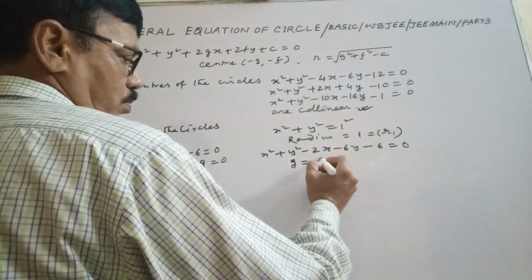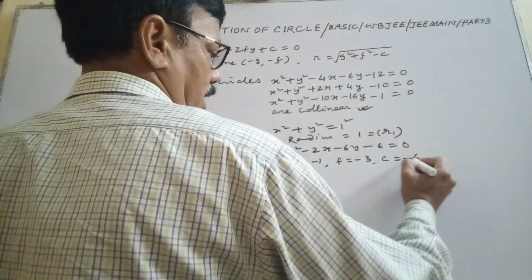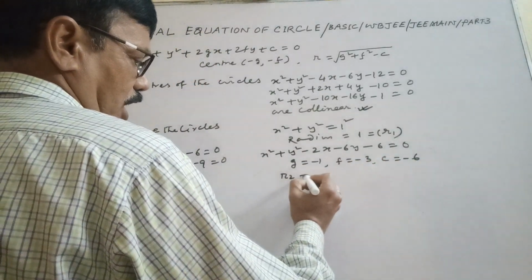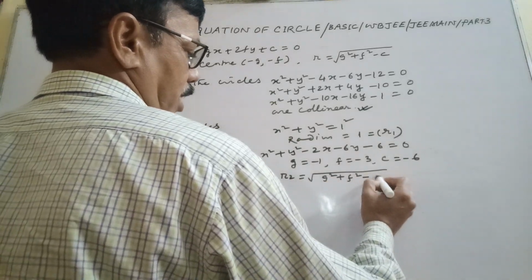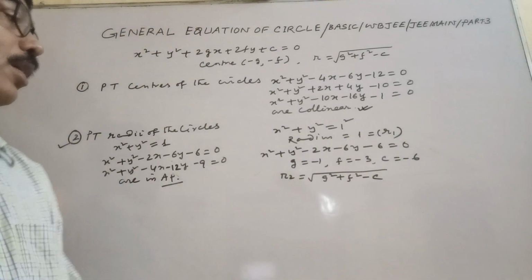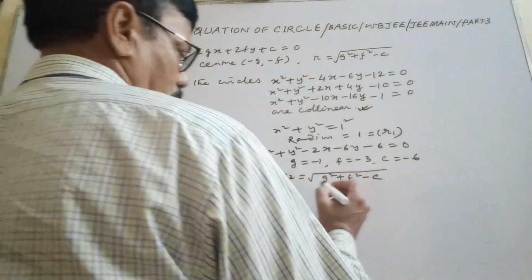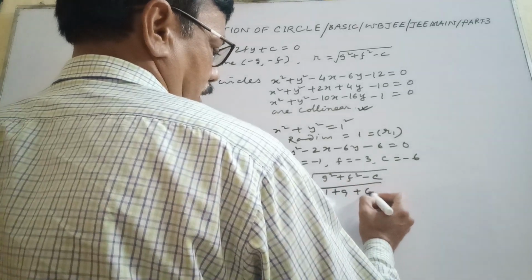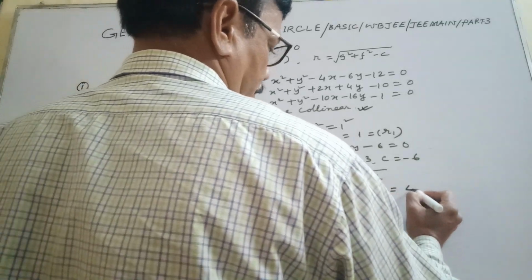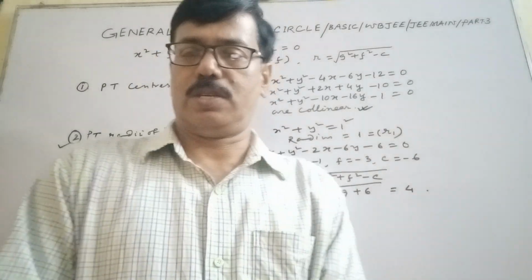So, g equals to minus 1, f equals to minus 3, c equals to minus 6. So, what is R2? Root of g square plus f square minus c. Now put the values: 1 plus 9 plus 6, so 16, that is 4. So radius is 4.